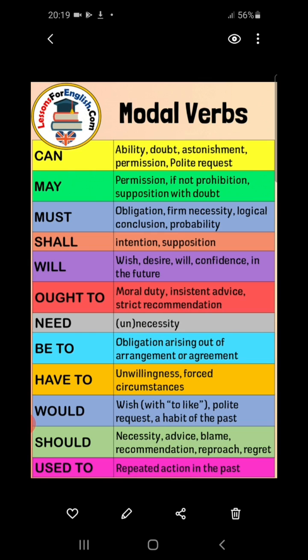Need, basically necessity. Students, if need not is given, then it will do the opposite of revealing the necessity. Okay? Next one.